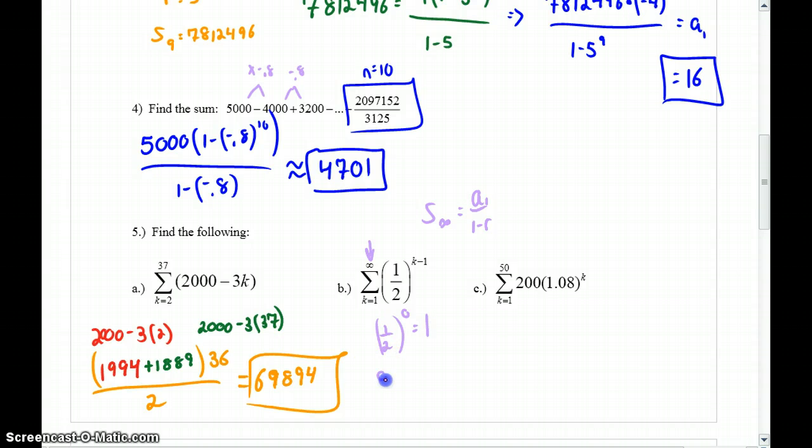The common ratio equals 1/2, because I'm multiplying by 1/2 each time. So 1 over 1 minus 1/2 is equal to 2. That is the infinite sum of this geometric series.